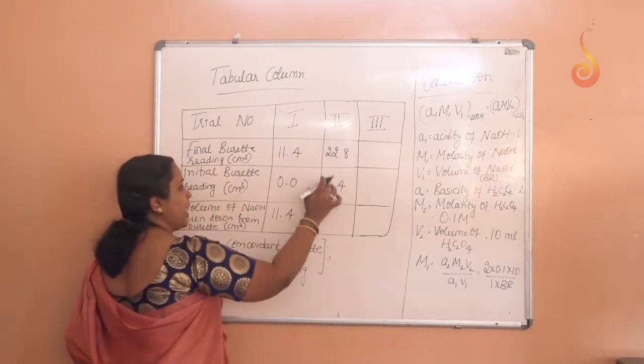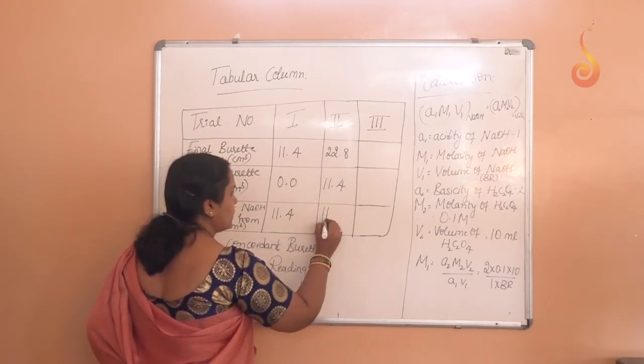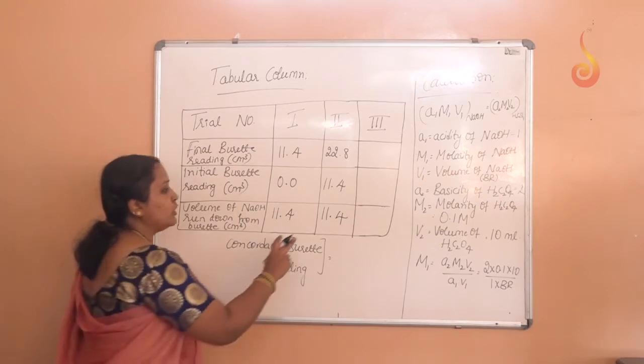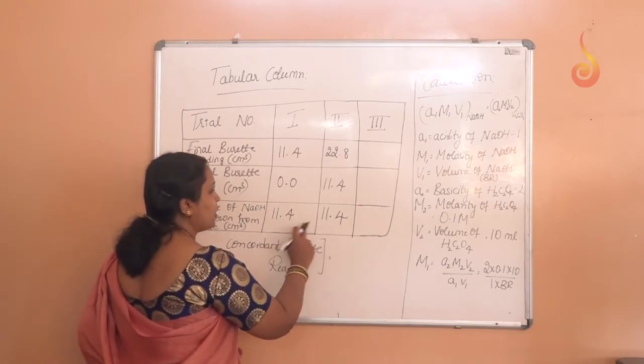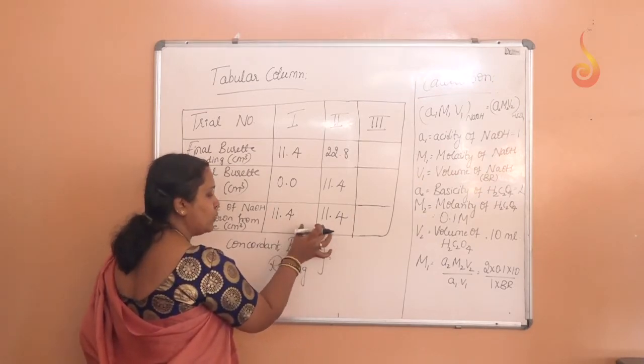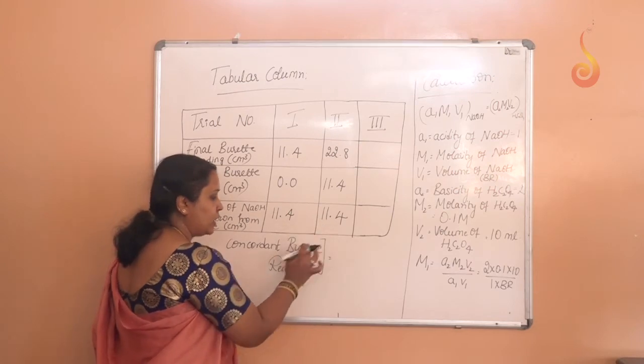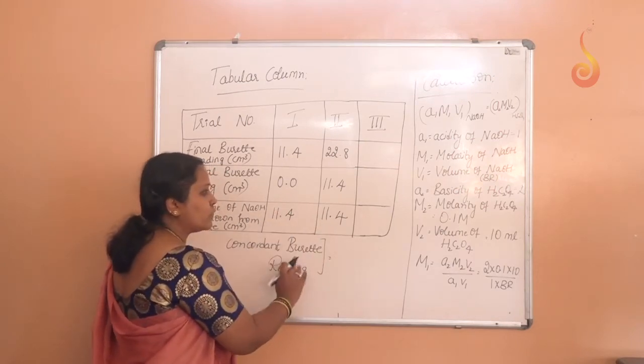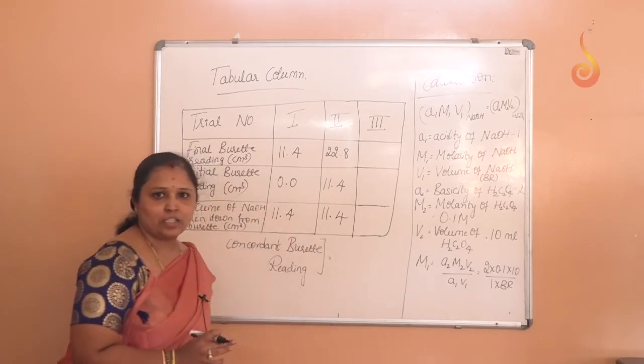When we subtract these two, it comes out to be 11.4 ml. So both trials have exactly the same values. This value we call the concordant value, and now we can stop the titration and do the calculation.